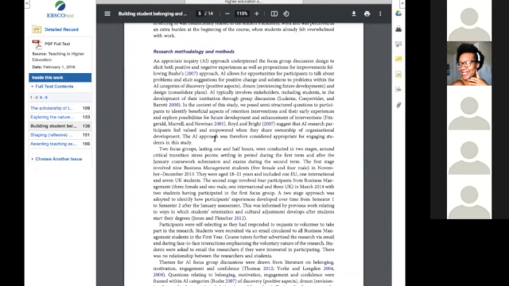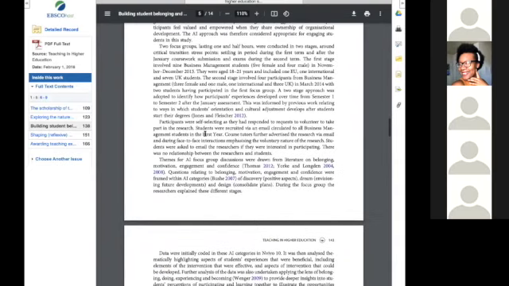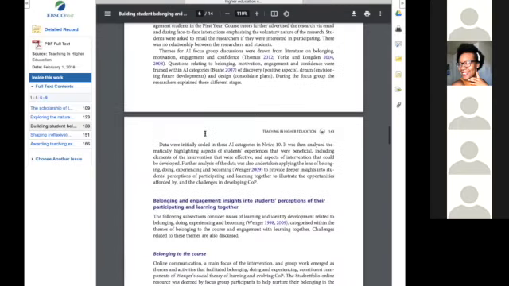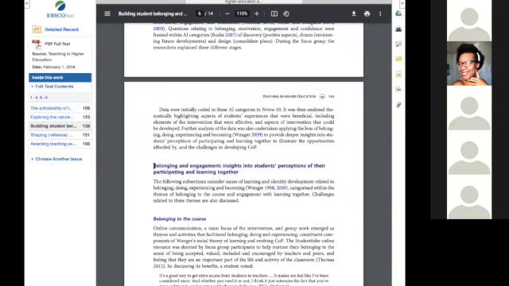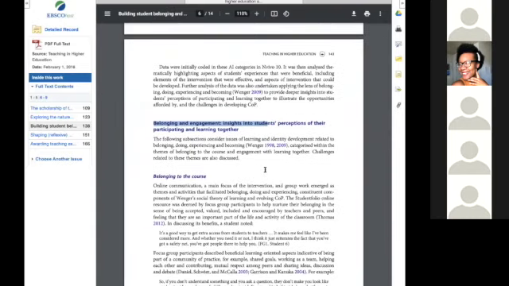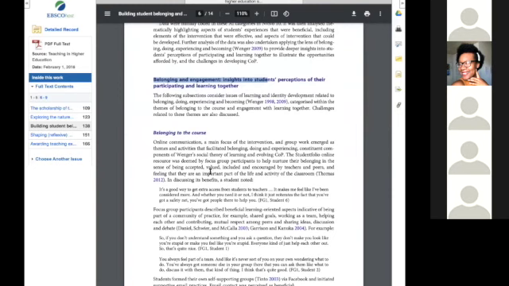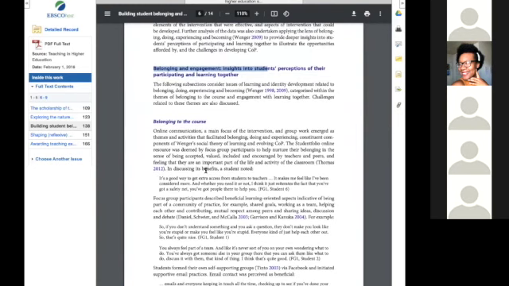This is breaking down what they were actually doing to study these students. Again, I want to know what they're actually doing with the students to make them feel like they belong. Consider the following: belonging and engagement, insights into students' perspectives. So this is going to break down how students feel.